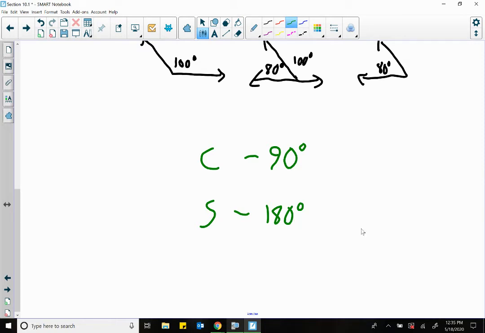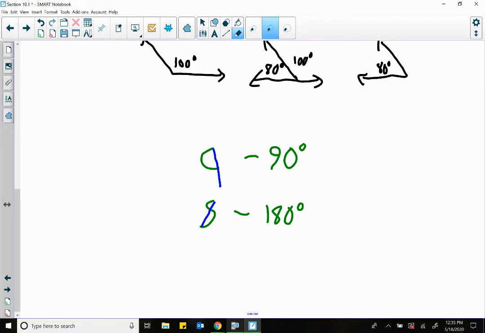And then, stealing what one of my students showed me a couple semesters ago, C can easily be turned into a 9 by adding one line. So C, complementary, is all about 90. By adding one line, I can turn S into an 8. So supplementary is all about 180. So kind of an interesting way.